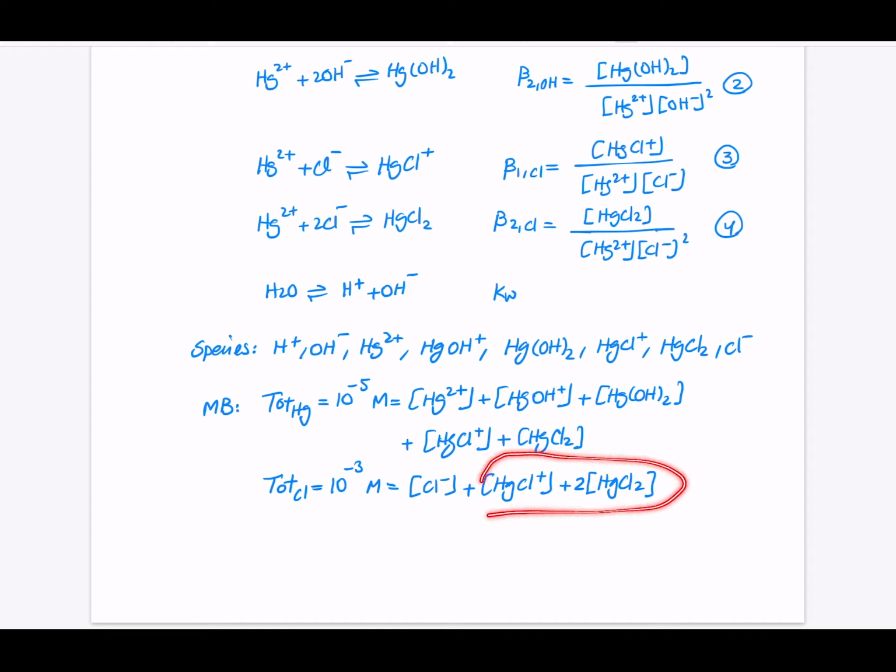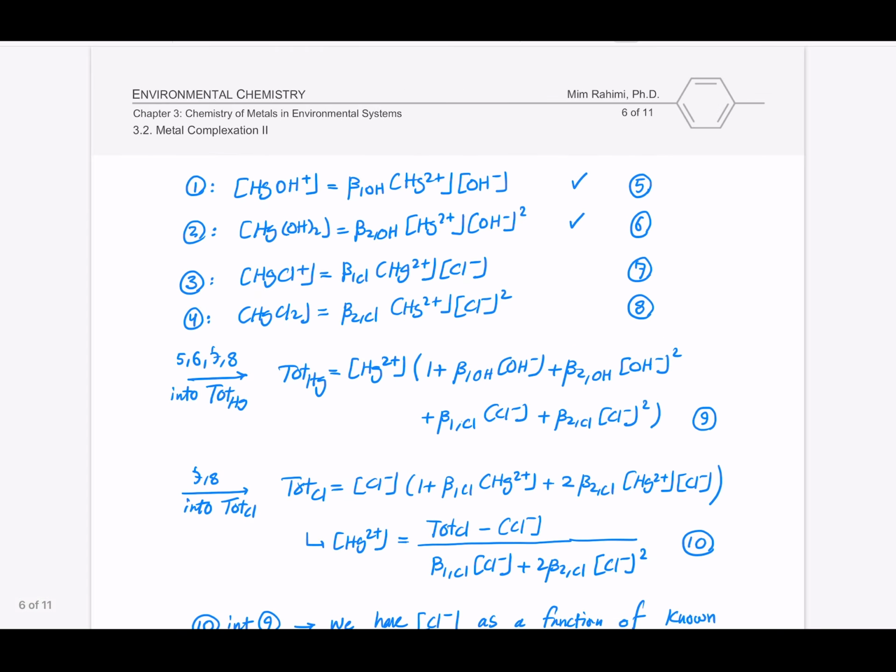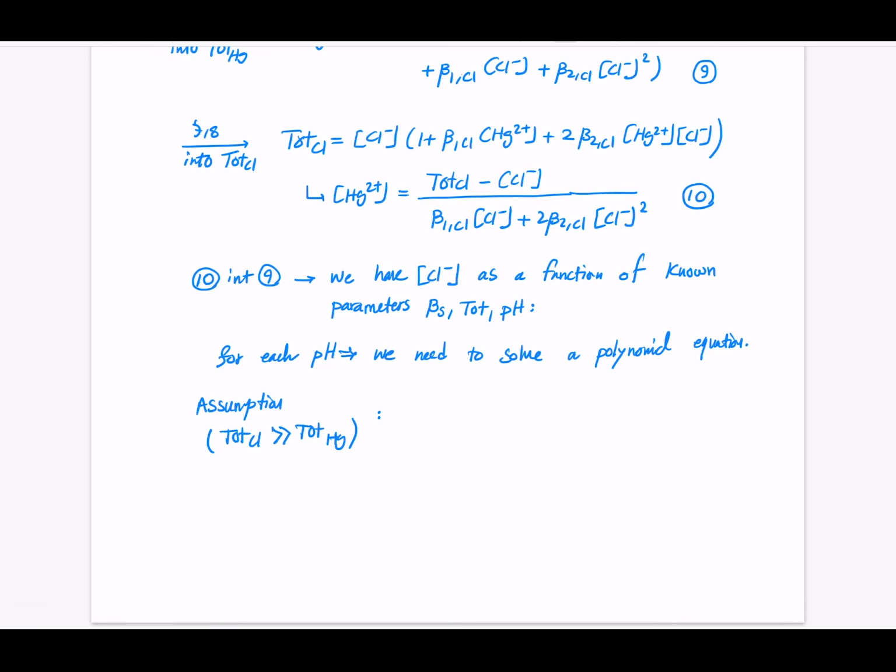And 10 to the minus 5 plus something is 10 to the minus 3. So it's a very fair assumption to say total Cl is equal to Cl minus. That makes it very, very simple. So then total Cl, the concentration of Cl minus, is 10 to the minus 3 molar.